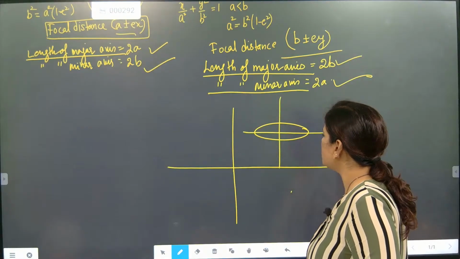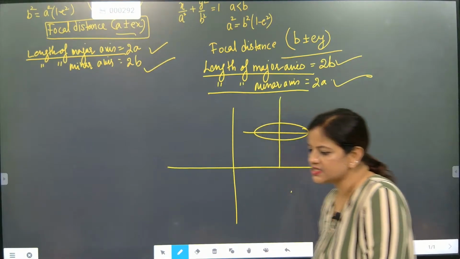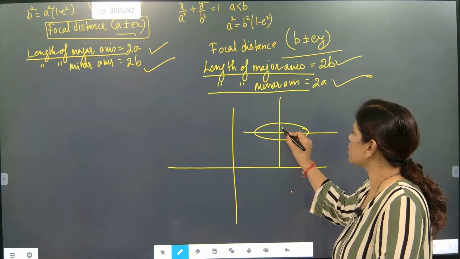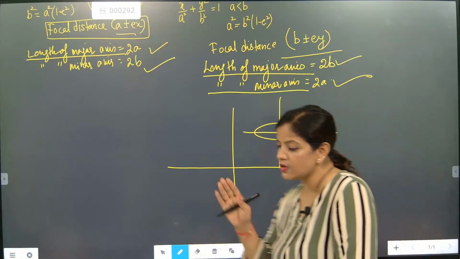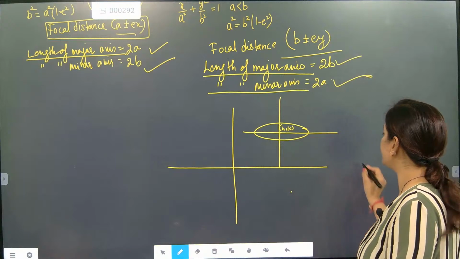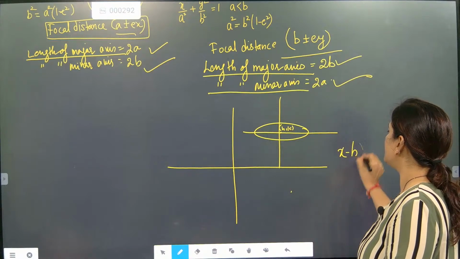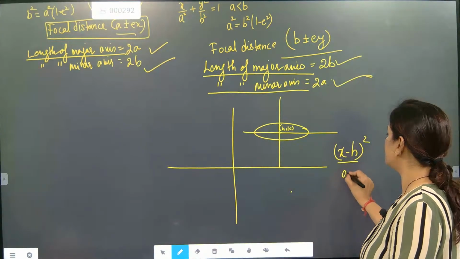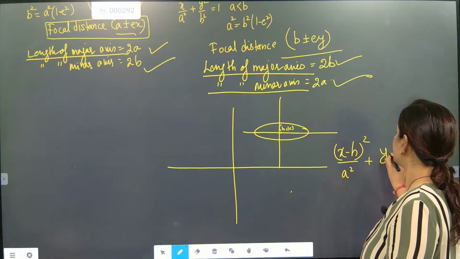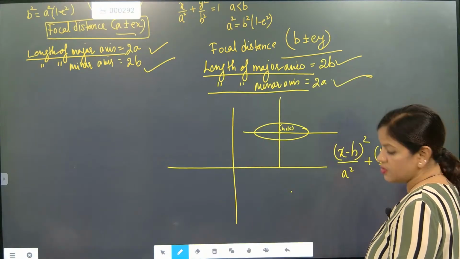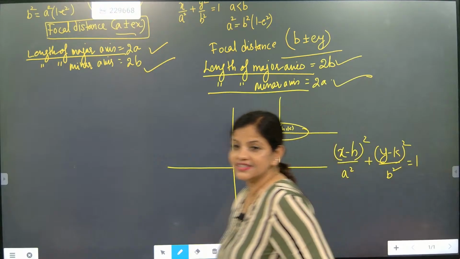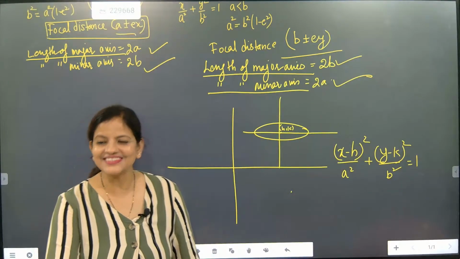Now this center point is (h, k). The moment the ellipse shifts away from the origin, at that particular moment the equation will become (x minus h) whole square by a square plus (y minus k) whole square by b square equal to 1. Note down this one.